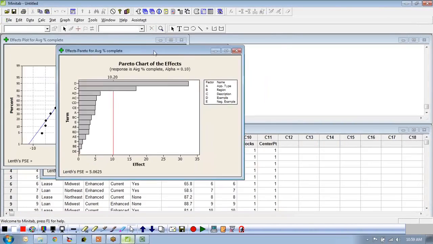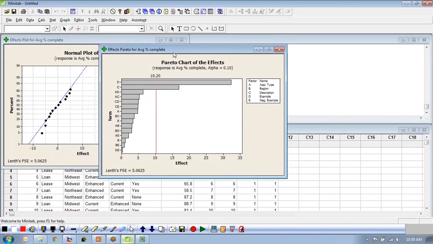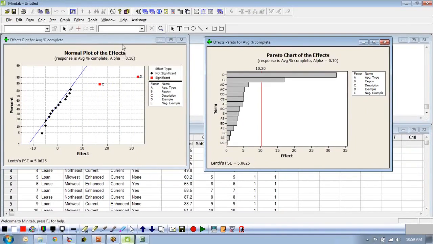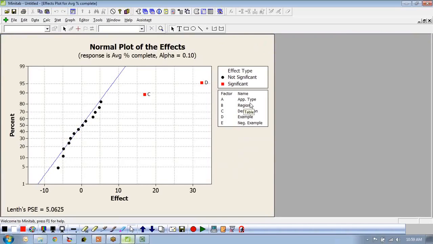Minitab actually has gone through and analyzed for you all the significant factors and determined how significant they are. So it's actually built the model. Let's take a look at the normal first. We'll do this one time, and then you can use whatever one you want. Okay. So there's a couple of different things I want you to notice about this.